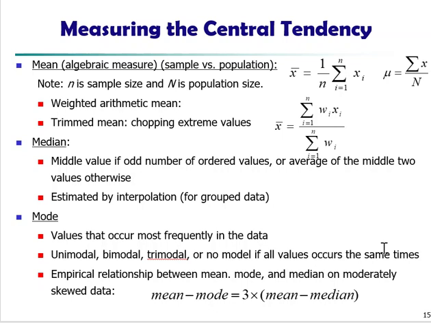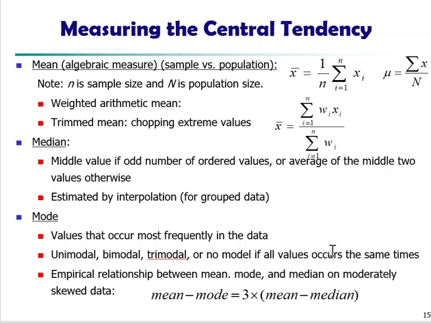Sometimes the data may have multiple values that occurred at the same frequency. For example, in this group of students, maybe 5 of them are 10 years old and the other 5 are 11 years old. Then this data is called bimodal because there are two values that occur with the same frequency.